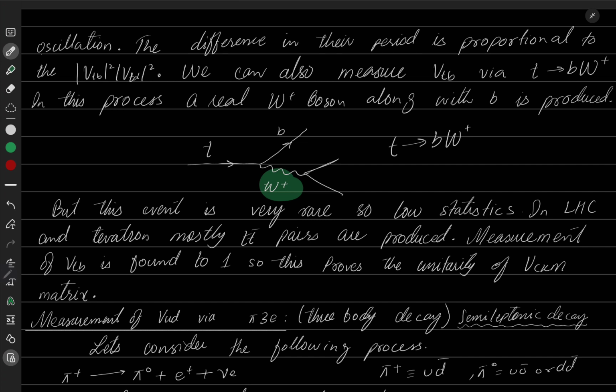And if you look at the Tevatron, the first time the top quark was discovered was in the Tevatron, and top quarks are also produced in the LHC, but in the Tevatron we produce the TT bar pair.